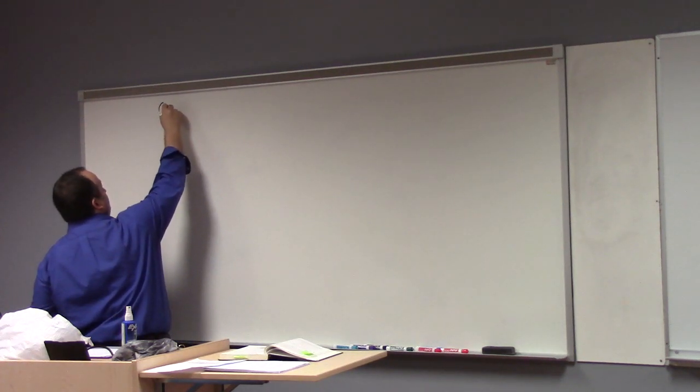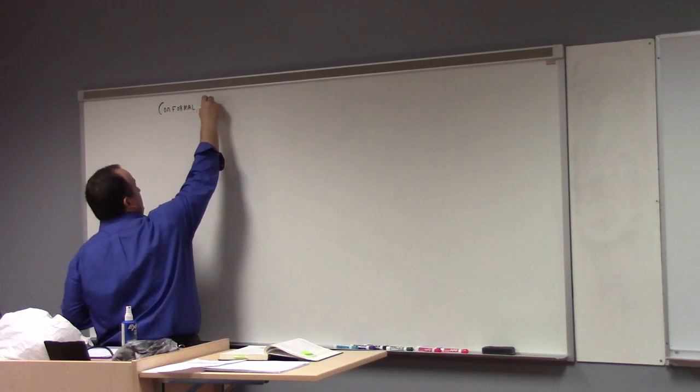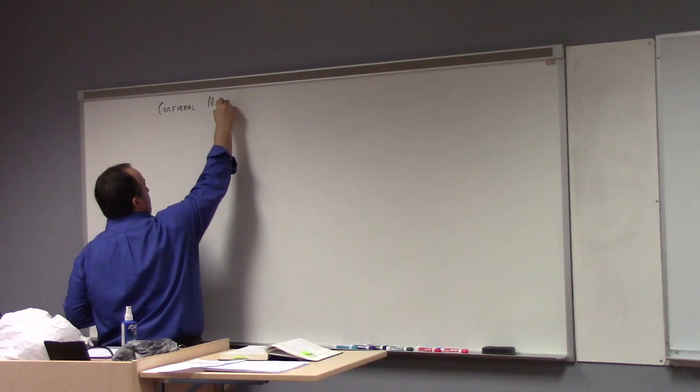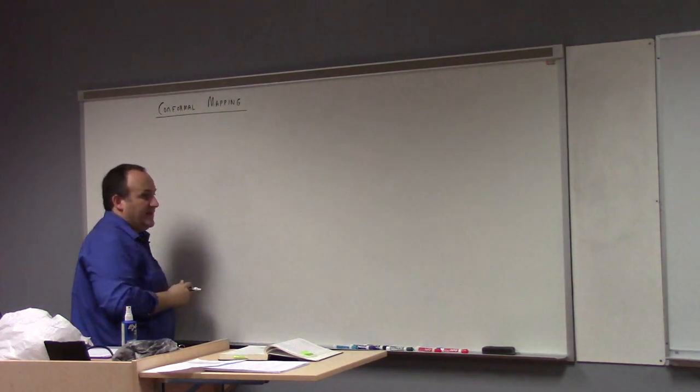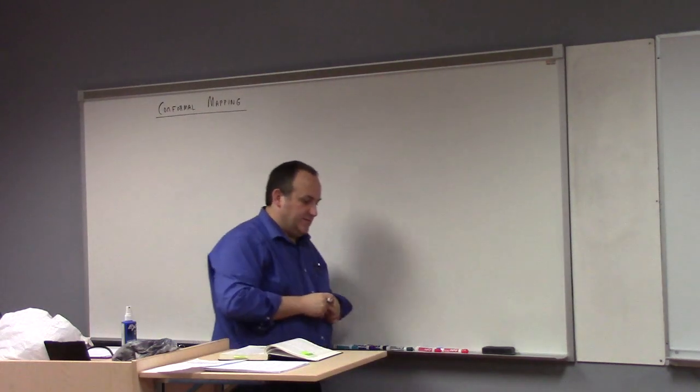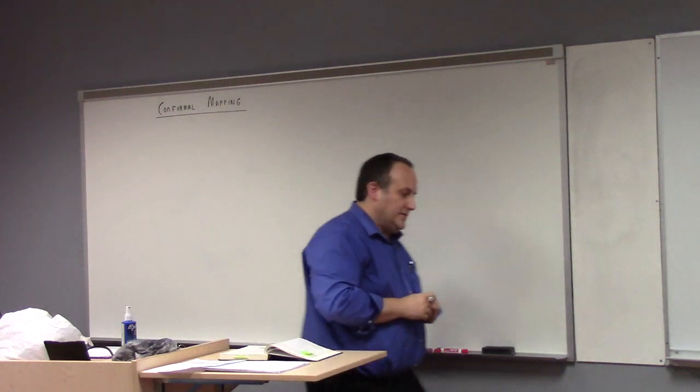So I'll try not to spend too long on this, because I also want to talk about an important class of conformal maps known as Mobius transformations, or also known as fractional linear transformations. So let's get straight to it.